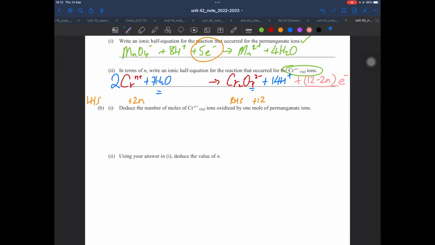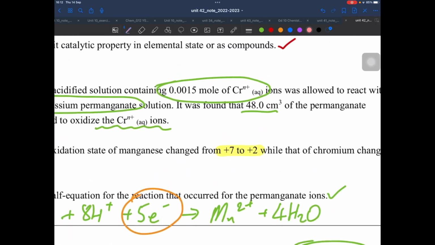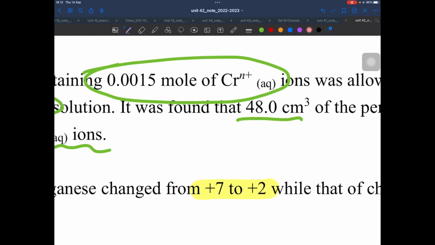If you have no idea, find the number of moles first. The number of moles of permanganate ion used is easy: M times V, right? Here. Good. But at the same time, we have this amount of chromium ion used.